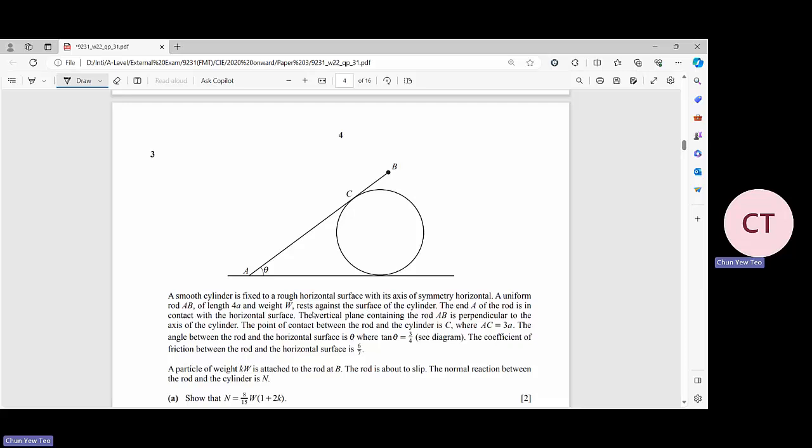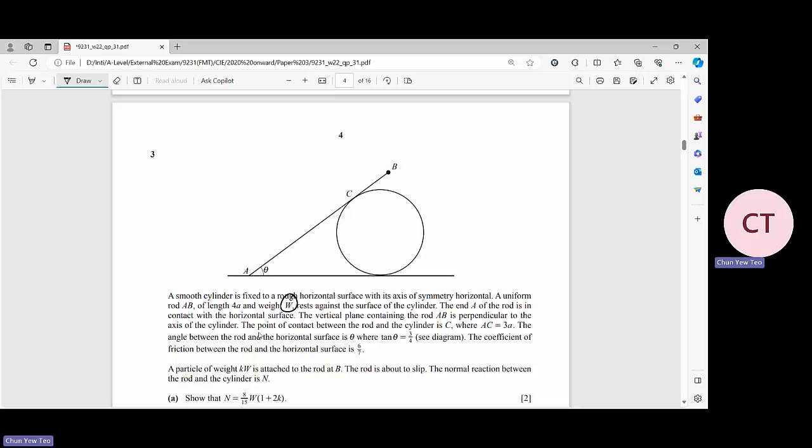A uniform rod AB of length 4a and weight W rests against the surface of the cylinder. The end A of the rod is in contact with the horizontal surface. The vertical plane containing the rod AB is perpendicular to the axis of the cylinder.